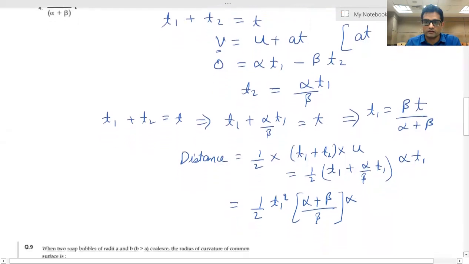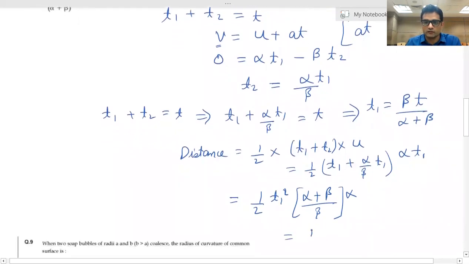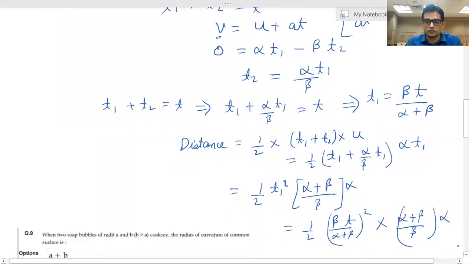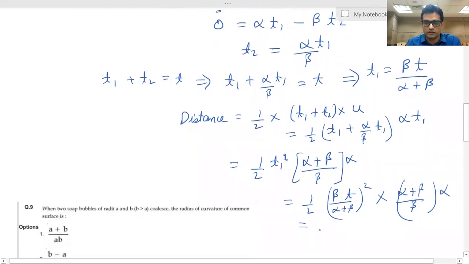T1 we have calculated as 1 by 2 (beta T upon alpha plus beta) whole square into (alpha plus beta) upon (beta into alpha). So from this we will get the answer as, beta will get cancelled, so half beta T square upon alpha plus beta. So this will be our answer.